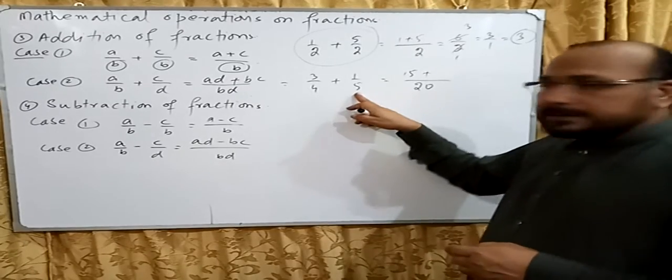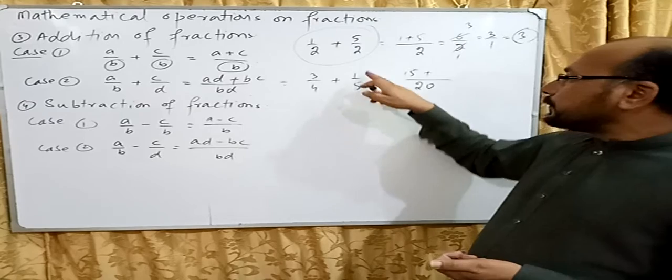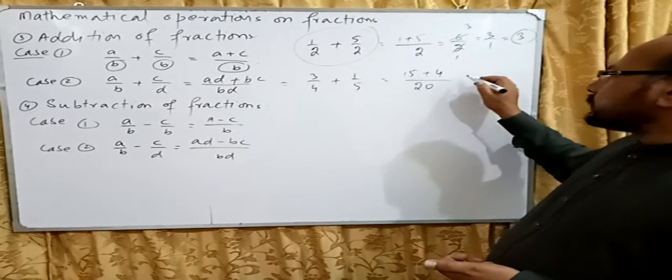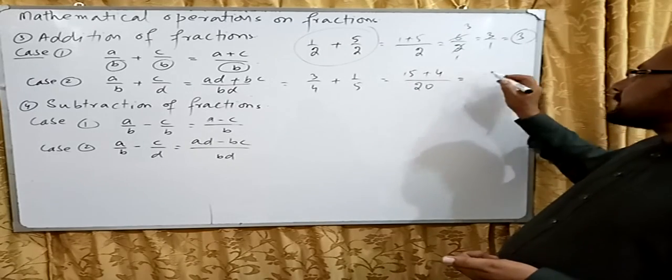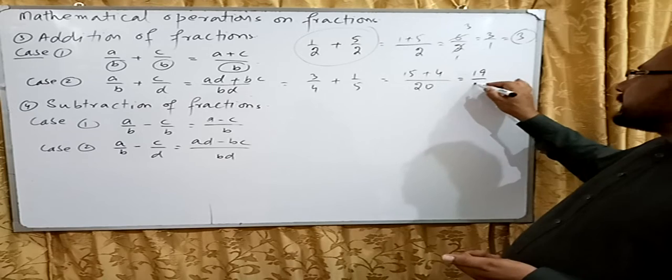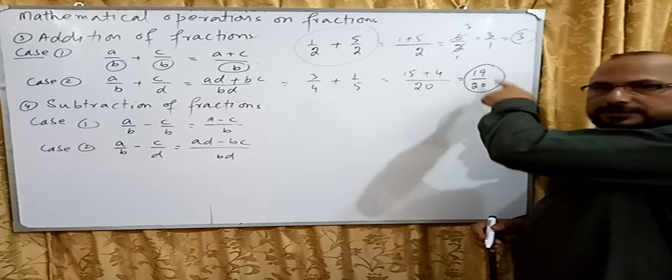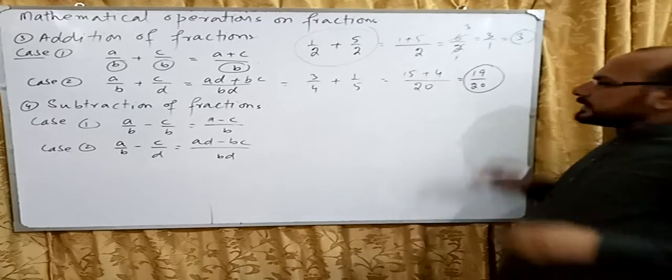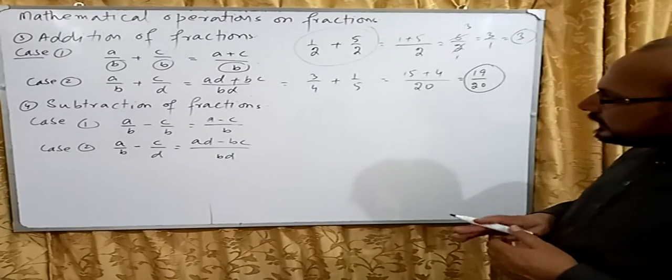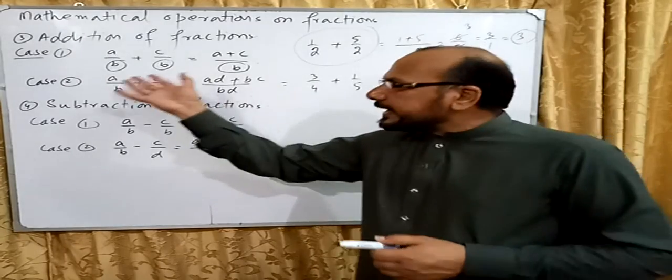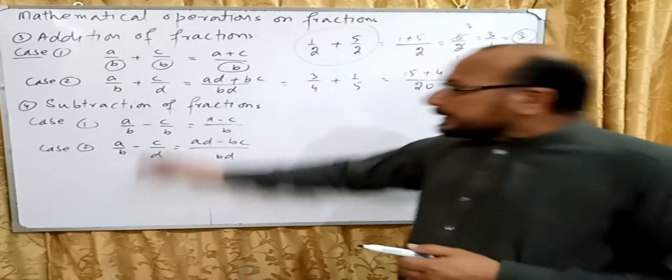Plus 20 divided by 5 is 4, and 4 multiplied by 1 is 4. So 15 plus 4 is 19, divided by 20. This will be the answer. There isn't any chance to simplify, so we leave it as the final answer. So this is how you can do the addition of fractions in both cases.